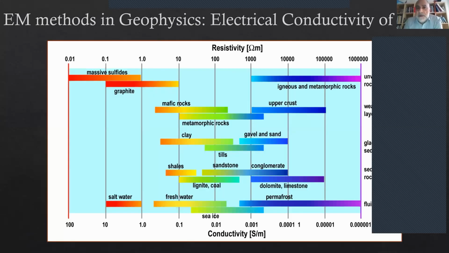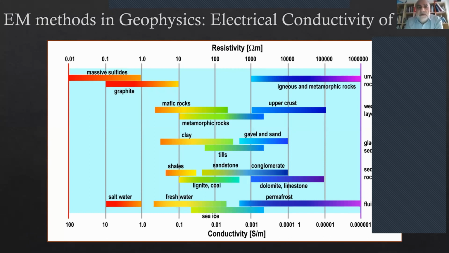Now, since we are talking about the electrical conductivity of rocks, this textbook chart shows the variation in the electrical resistivity or its inverse, conductivity. During this talk, I will use either conductivity in Siemens per meter or resistivity in ohm-meters.